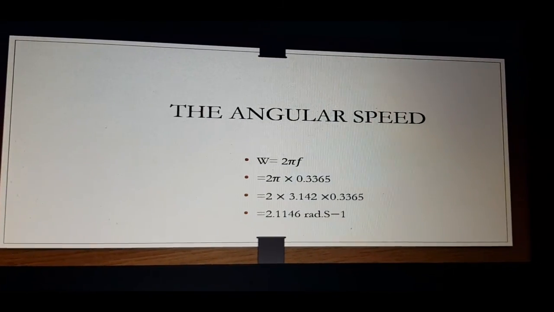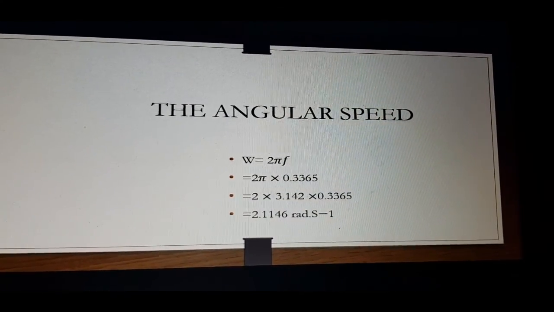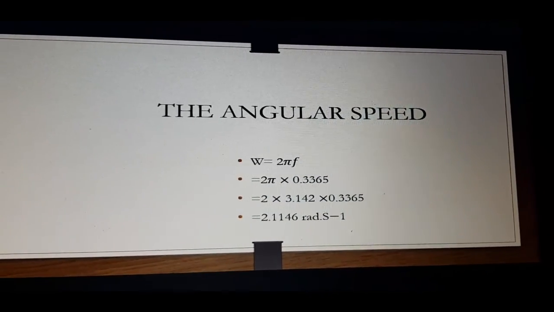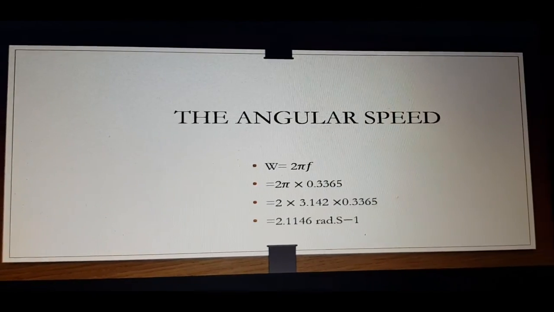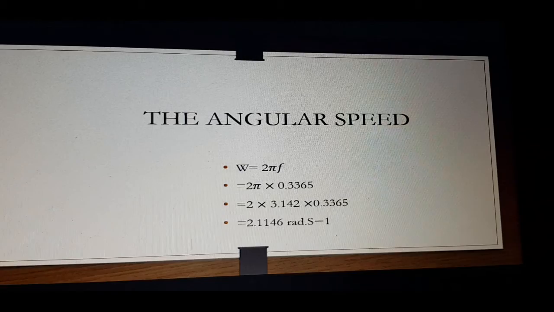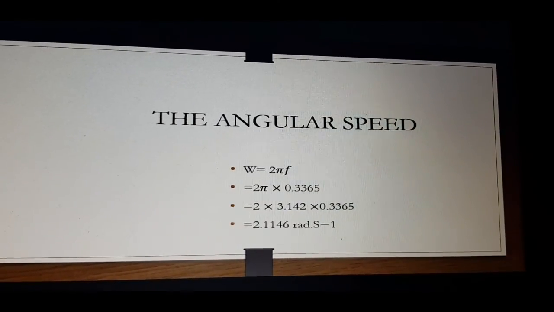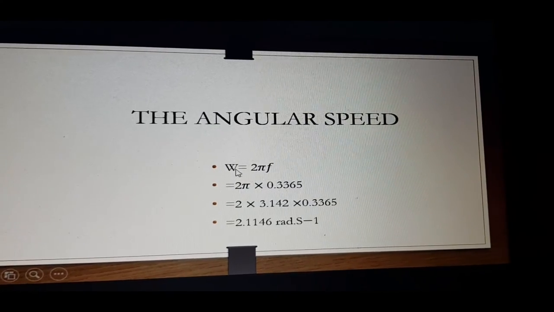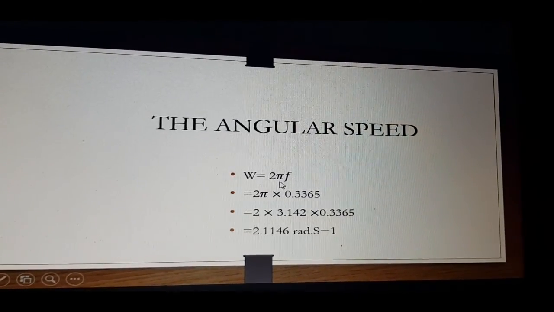Have you understood it, class? So the angular speed. When we say angular speed, as we have told you earlier, this is the angle covered by an object. Our formula to calculate angular speed is omega is equal to 2 pi f.